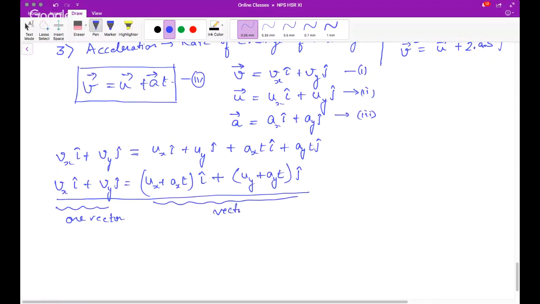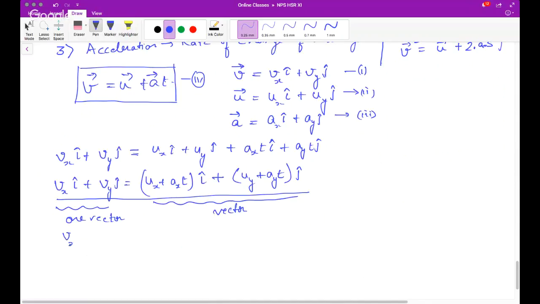We learned equality of vectors: if two vectors are equal and they are in their resolved form, then the i component will be equal to the i component and the j component will be equal to the j component, because otherwise the equality of the vectors cannot be established. So x components have to be matched together and y components have to be matched together.